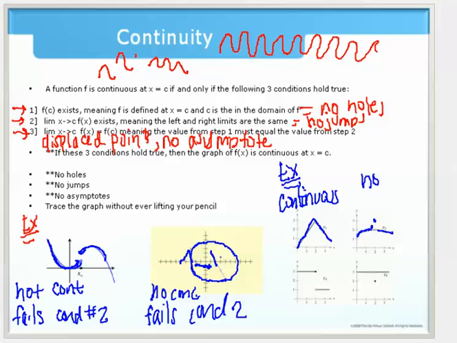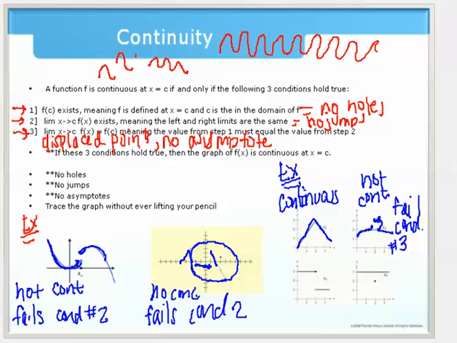So this is not continuous, and that's because we have a displaced point. This point is up here, so it's going to fail condition 3. You'll notice that the point is defined. The left and the right-sided limits are the same, but the point and the limits are not the same. So it fails condition 3.